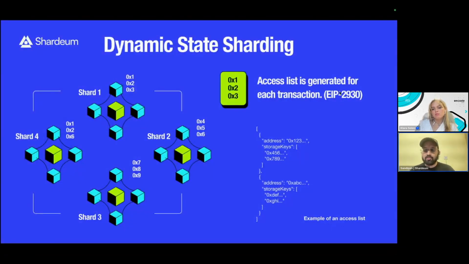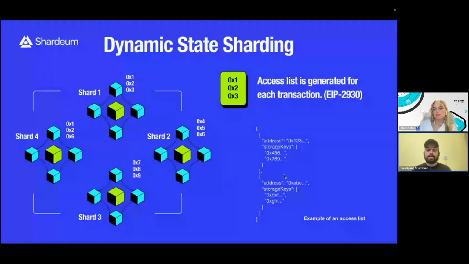If you're familiar with EIP 2930, each transaction creates an access list, and based upon that access list, a consensus group is formed, and only that consensus group processes the transaction, while the rest of the groups are doing their own thing. They're processing other transactions. This is how transactions in Shardeum are able to work at a much higher TPS, because not everyone is doing the same work. This group is doing different work, that group is doing different work, and there can be hundreds of shards altogether.